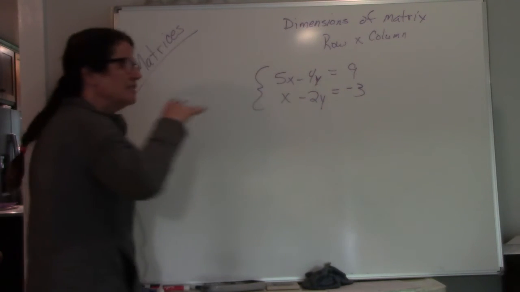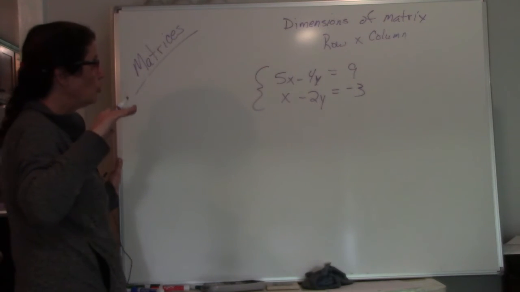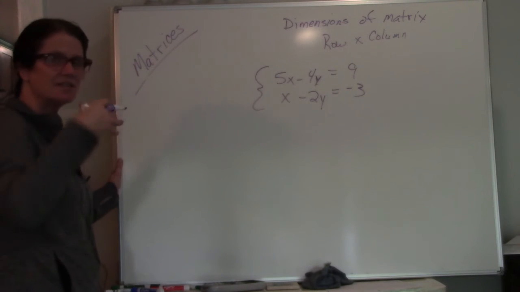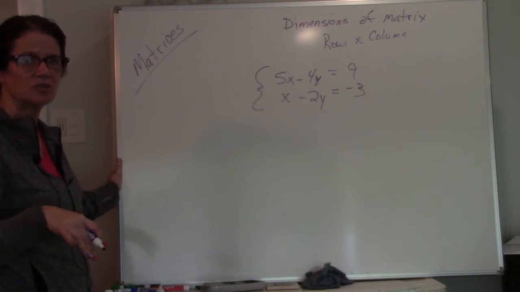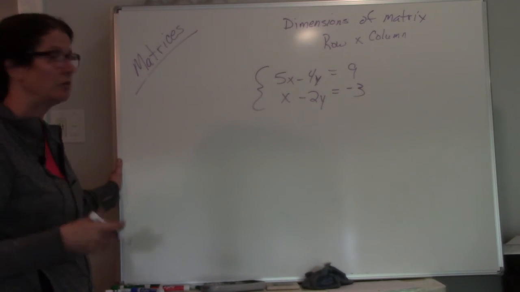Again, this is a very surface lesson on matrices. You don't have to know a whole lot more than this. But you should be able to take a system of equations, 2 equations with 2 unknowns, 3 equations with 3 unknowns, and come up with a matrix.